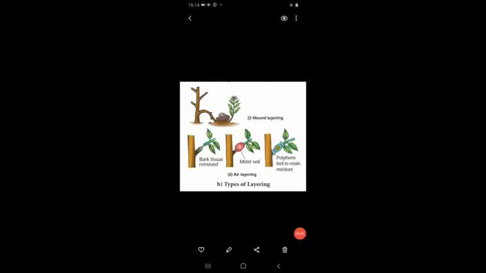Dear students, see the diagram. First one, a plant with flexible branches. We have taken lower branches. We have bent the lower branch. A part of the stem is buried under the soil. And also we have put a weight on top of the buried stem portion.